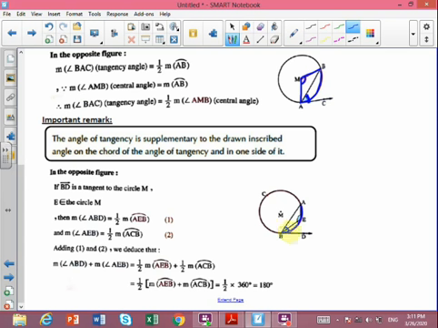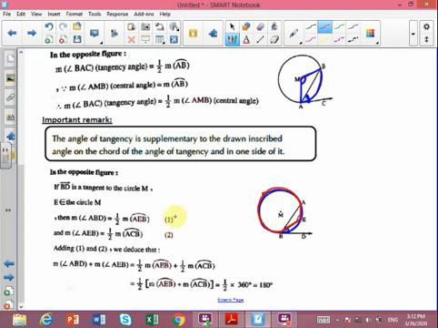At the same time, we said AEB is equal to the tangency angle. But here, I need that this angle AEB, the inscribed angle, is equal to half the arc subtended by it, which is half the arc ACB.